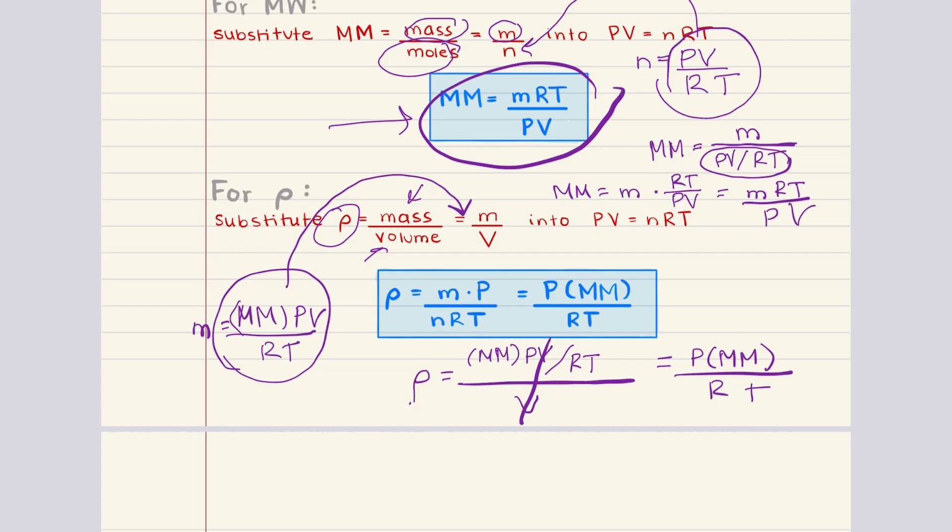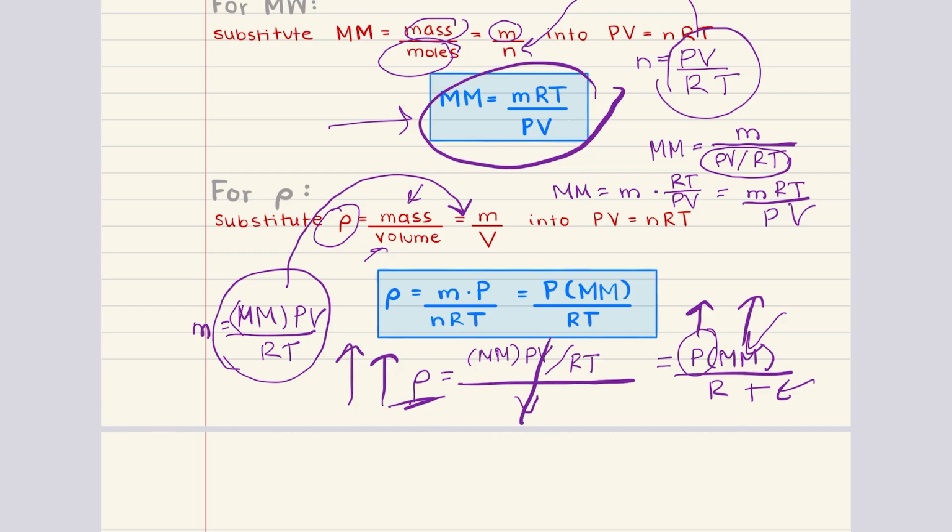So this is our final equation for density, and it tells us that density is directly proportional to pressure and molar mass, and it's inversely proportional to temperature. So if pressure increases, density also increases. If a gas has a higher molar mass, it's going to be denser than a gas with a lower molar mass under the same conditions.